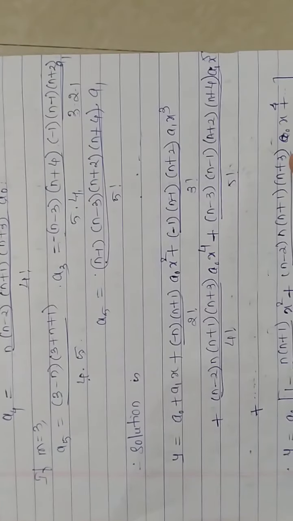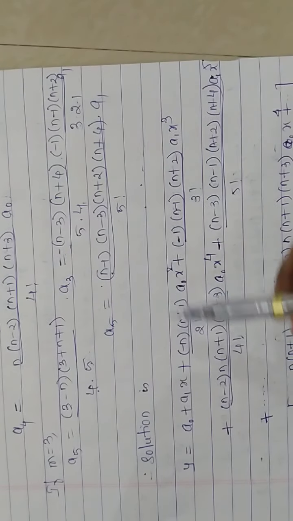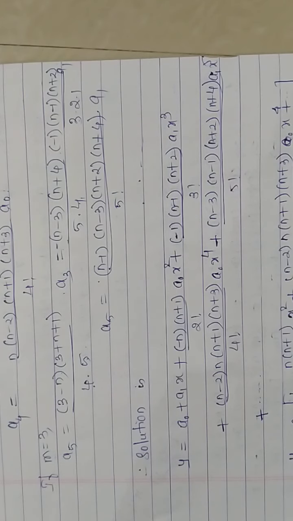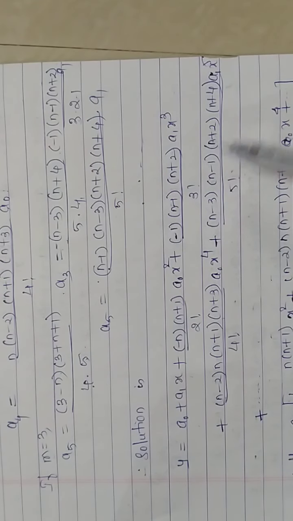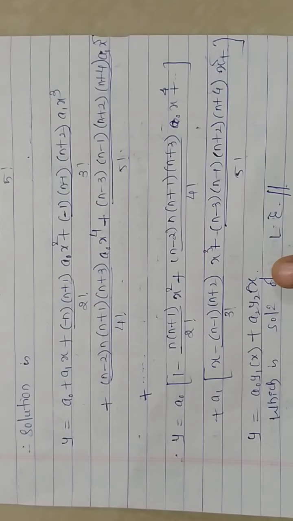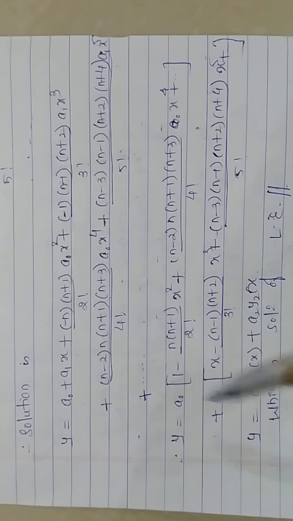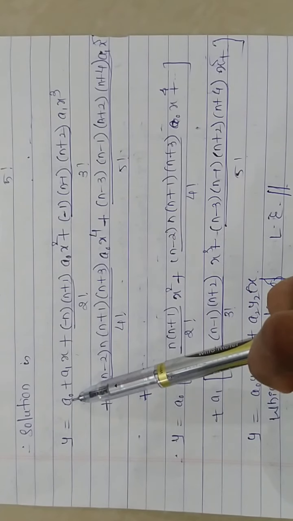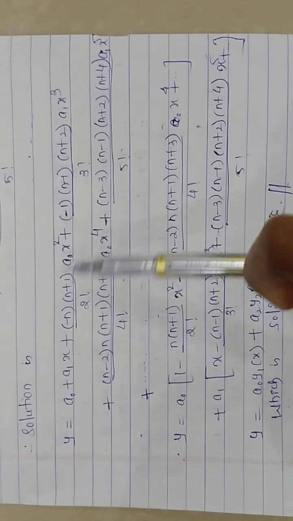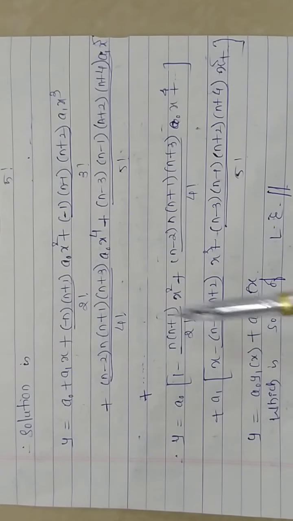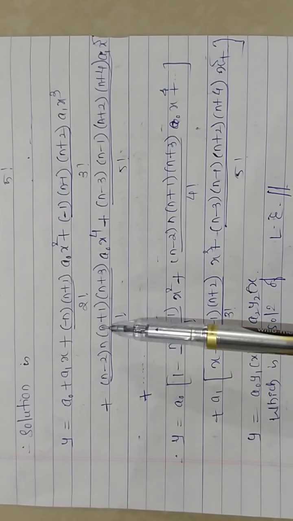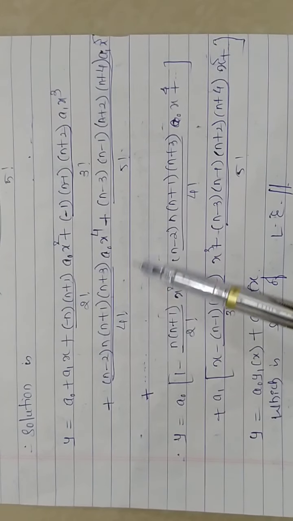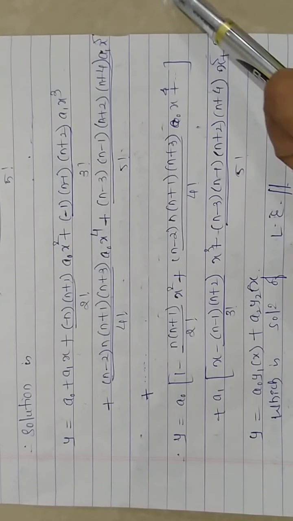The solution is, I have to substitute all the constant values in my solution, that is equation number 2. So I will get y is equal to a0 plus a1x, plus the values of a2, a3, a4, a5. I can write all the constants of a0 on one side, a0 into bracket: the constant of a0 is 1, then minus n into n plus 1 divided by 2 factorial into x square, plus n minus 2, n, n plus 1, n plus 3 divided by 4 factorial into x raised to 4, plus the other higher terms.